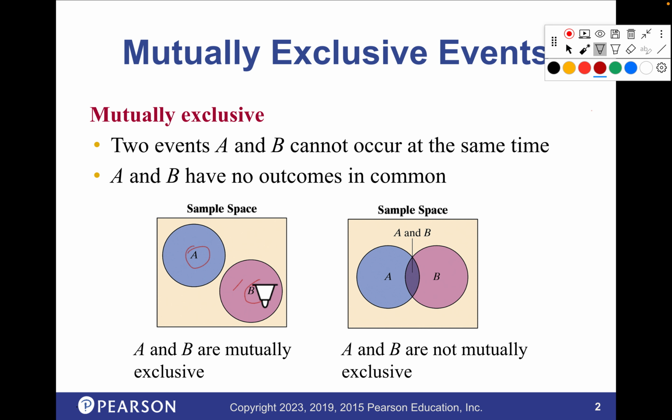If they are not mutually exclusive, then they could happen at the same time, or they could happen separately. And you're going, well, how could that happen? So we'll talk about these types that are not mutually exclusive. And then if we can determine which one, then we know how to count the events or the probabilities.